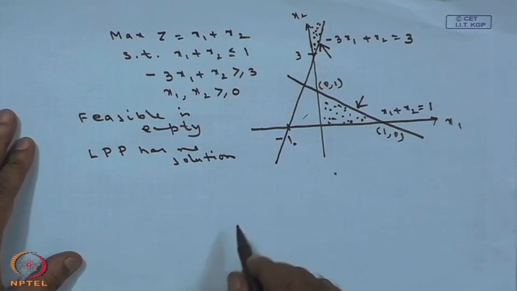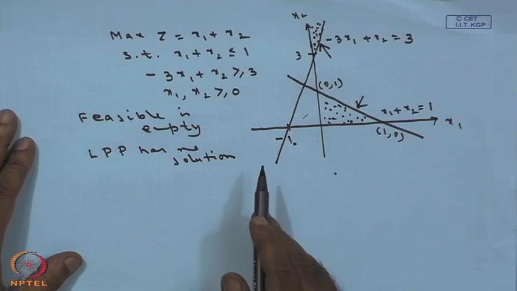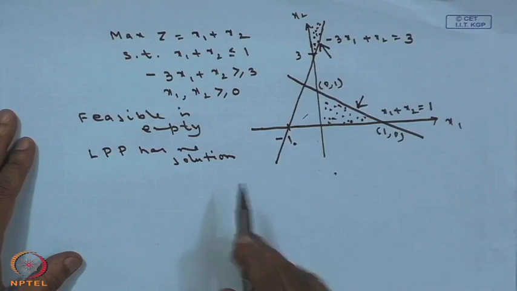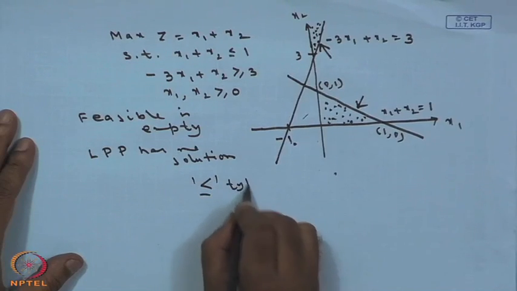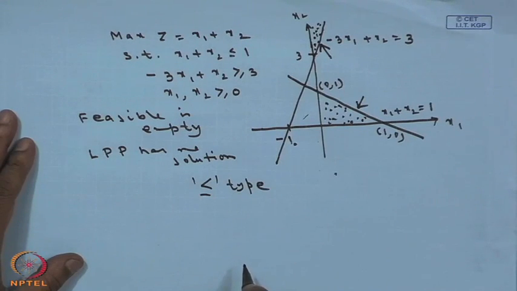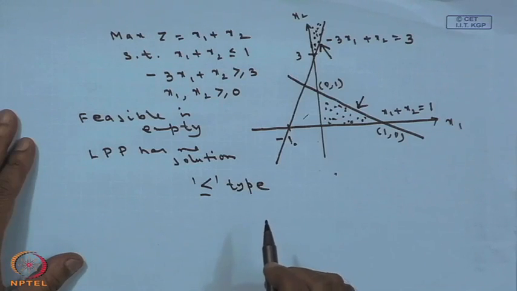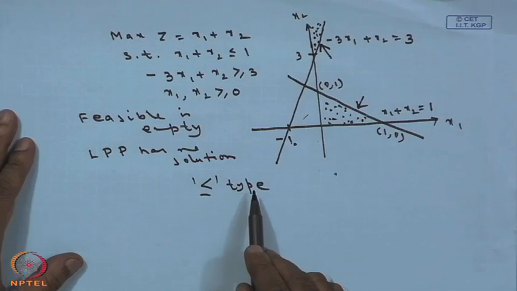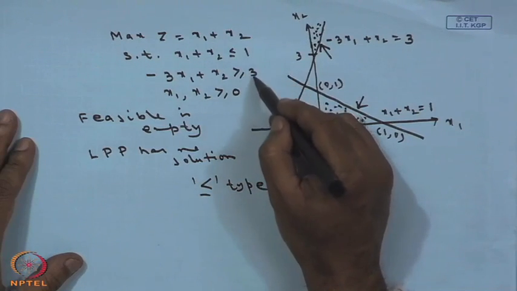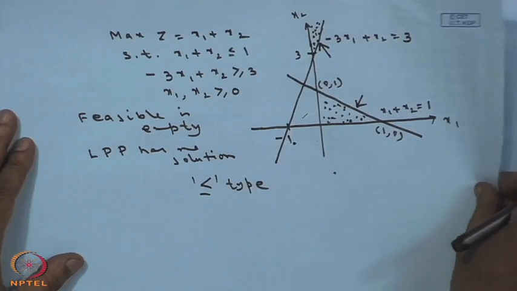So, I can say that infeasibility will never occur if all the inequalities are of less than or equal to type. There will always be a feasible solution if all the constraints are less than or equal to type, but if it is greater than or equal to, there may or may not be a solution.